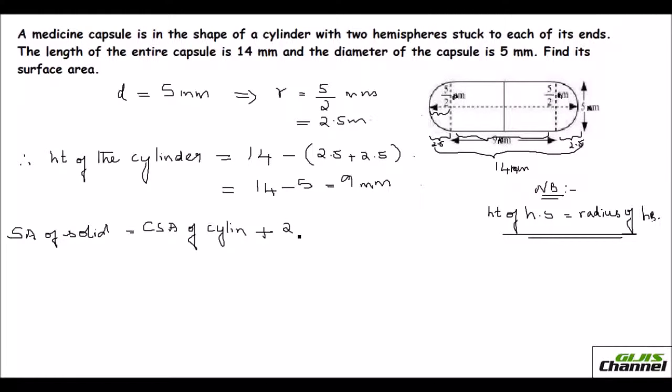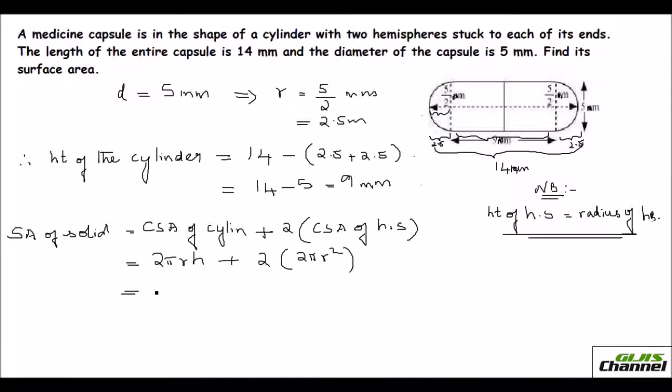So that is 2 times CSA of hemisphere, because you have two hemispheres. CSA of a cylinder is 2 pi RH, plus twice the CSA of the hemisphere. We know it is 2 pi r square.